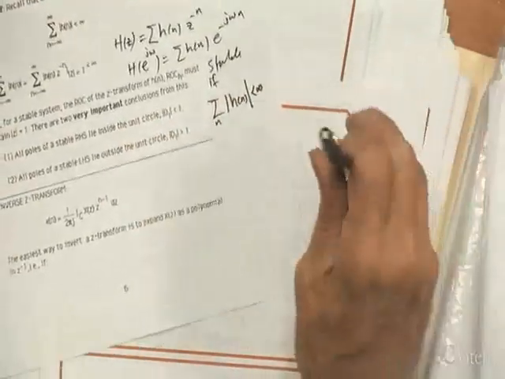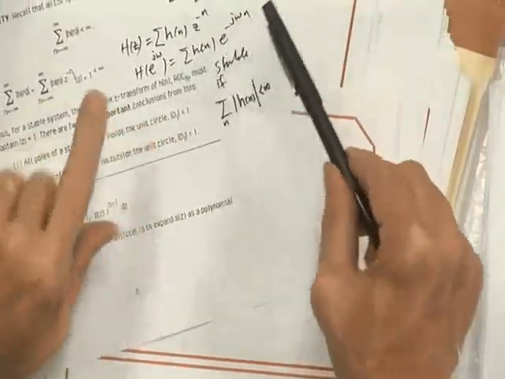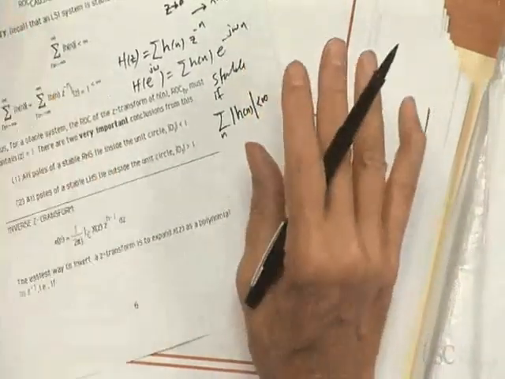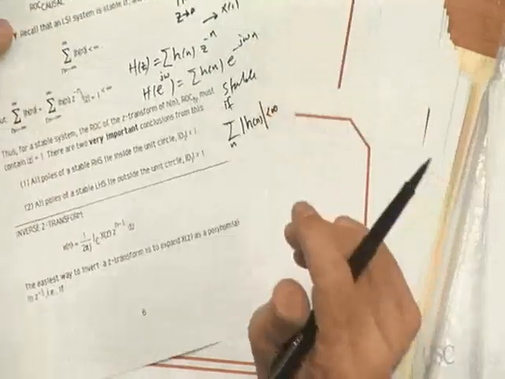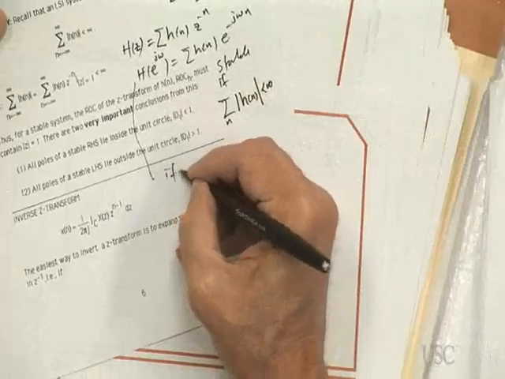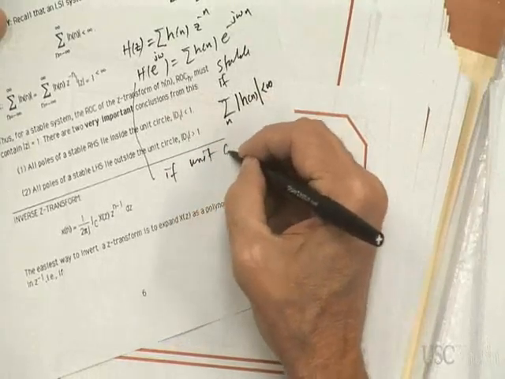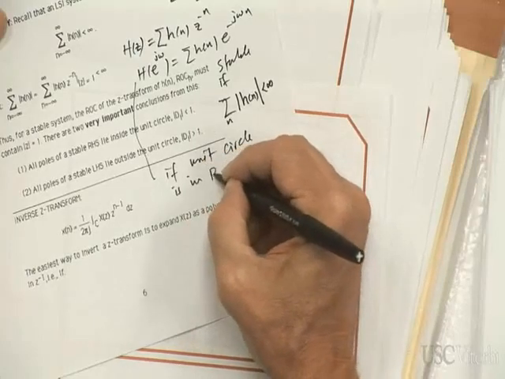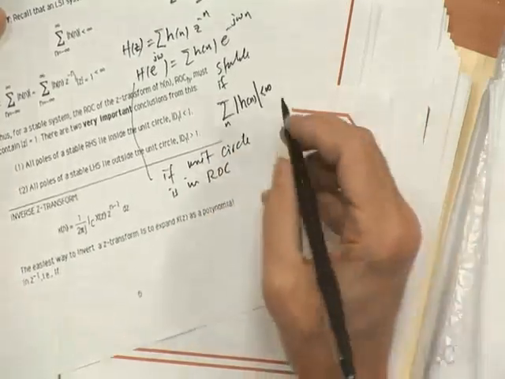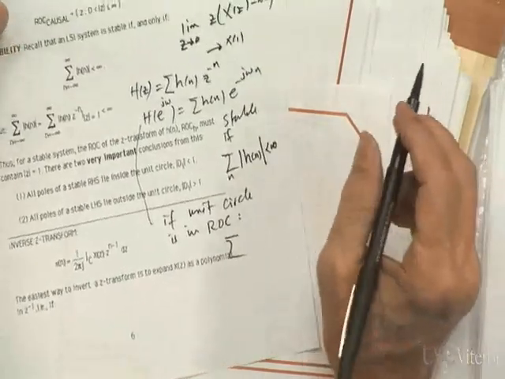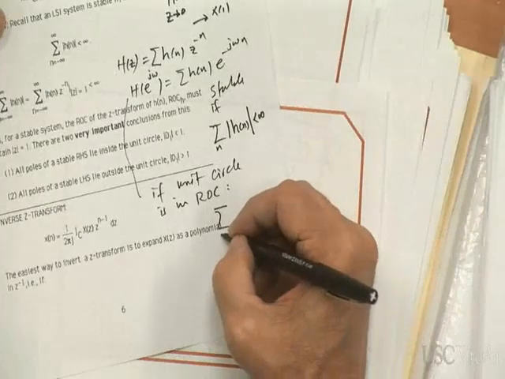Okay, now, if you think about this for a second, let me ask you this. What would be implied if I told you the unit circle lies in the region of convergence? See? If I told you the unit circle lies in the region of convergence, what would that mean? That would mean that the z transform converges absolutely.